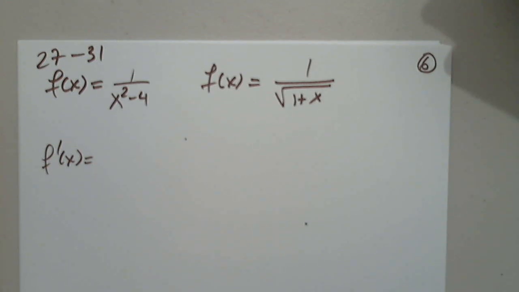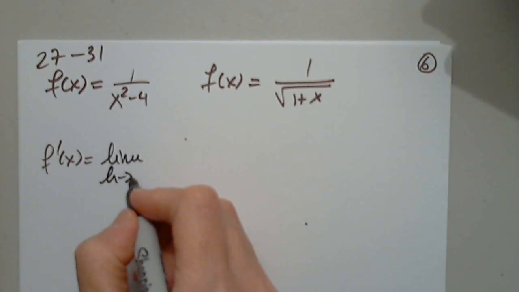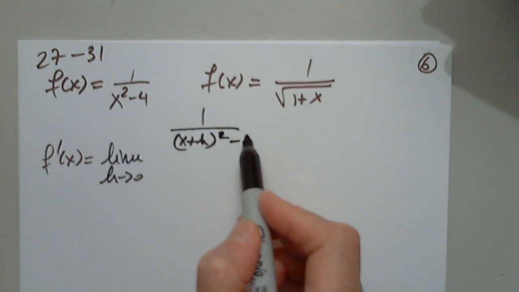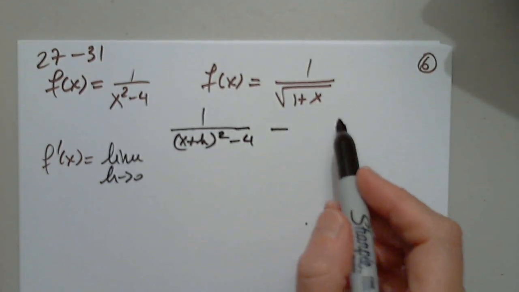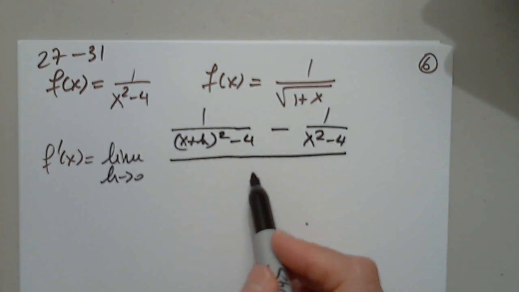Would that be 1 over x plus h squared minus 4? Yes. Minus 1 over x squared minus 4, everything divided by h. Perfect.